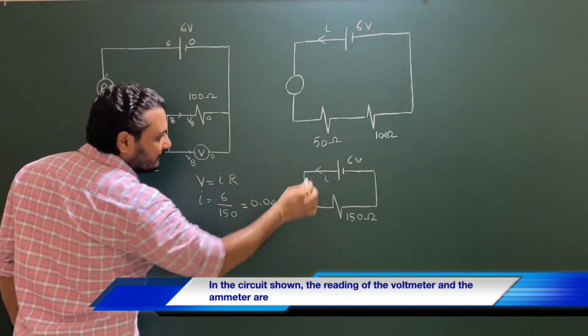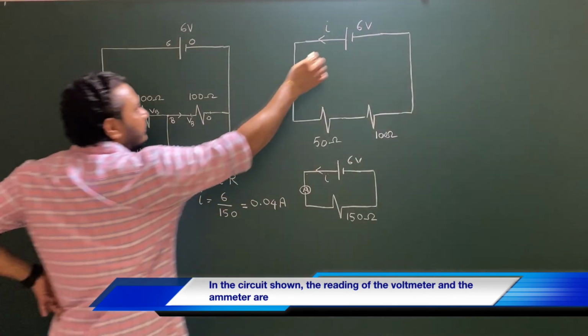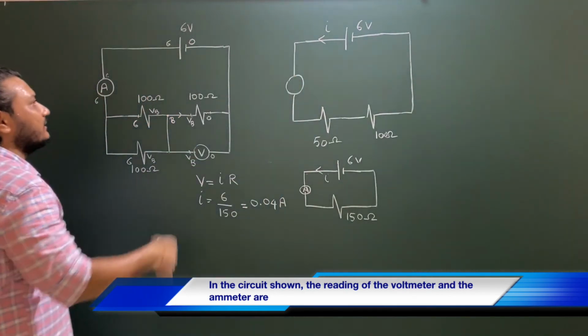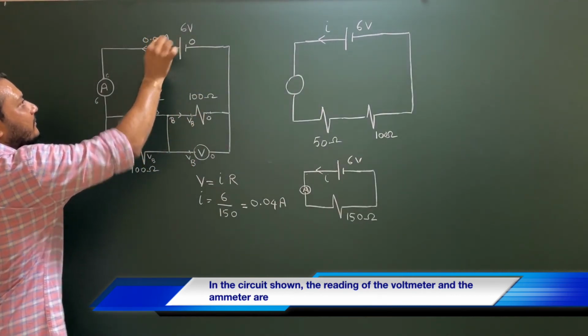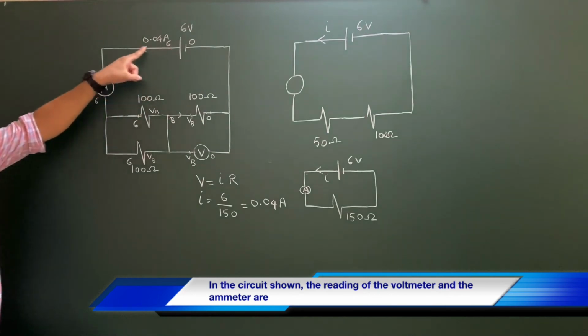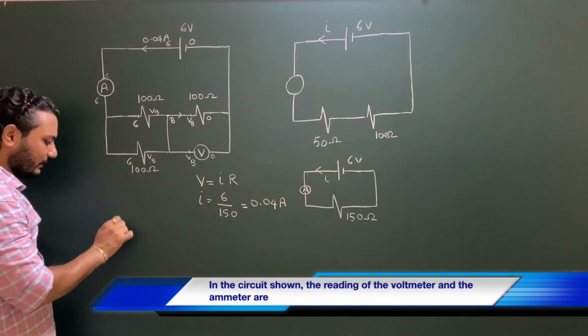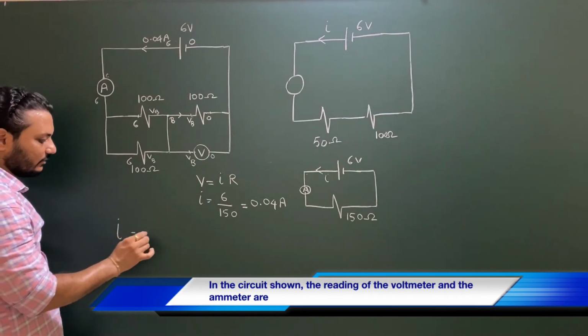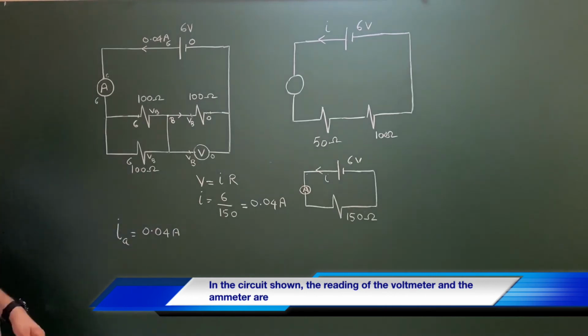So the current sent by this battery is 0.04 ampere. The same way here it becomes 0.04 ampere. So if 0.04 ampere current is flowing through this branch, the reading of the ammeter is equal to 0.04 ampere. This is the first answer.